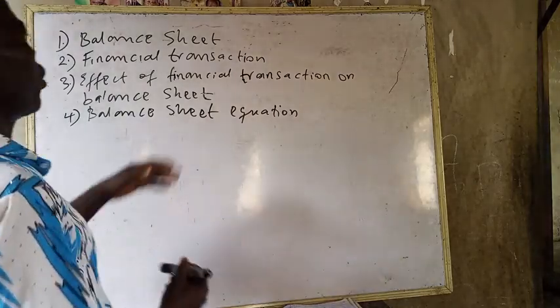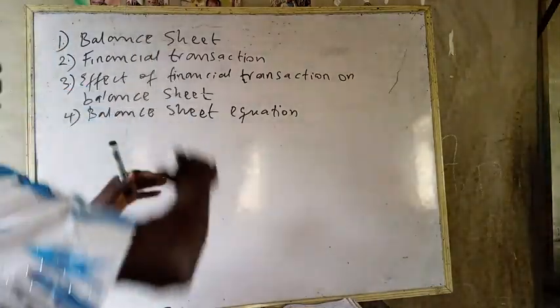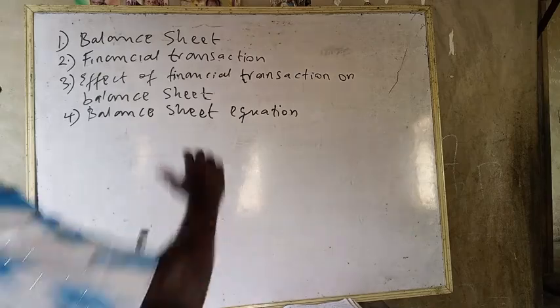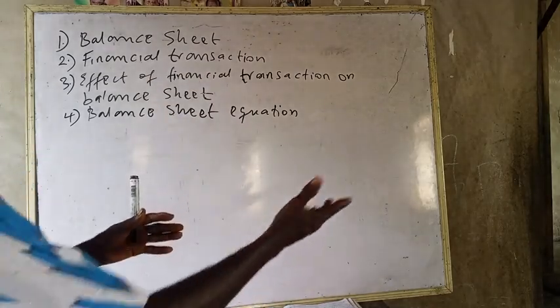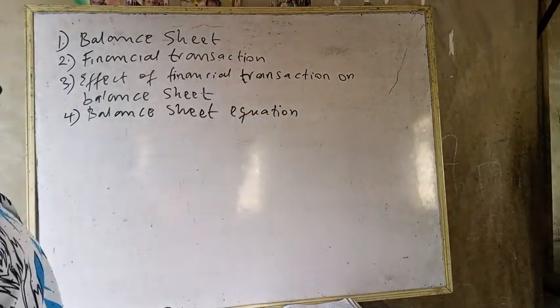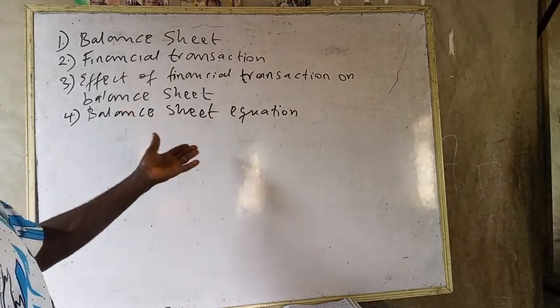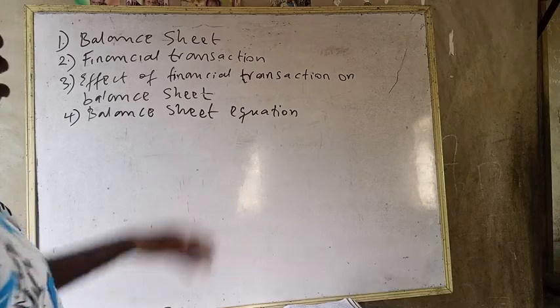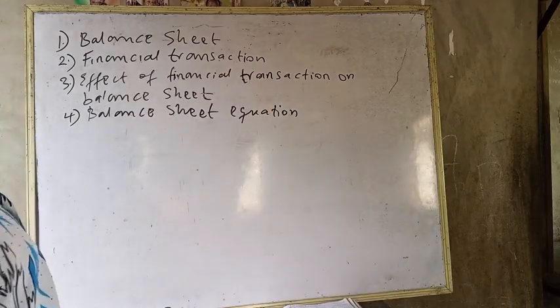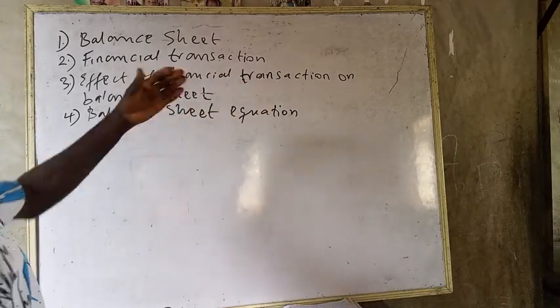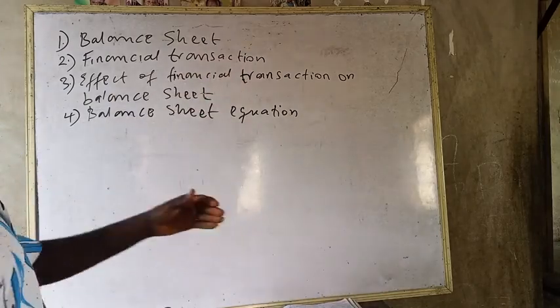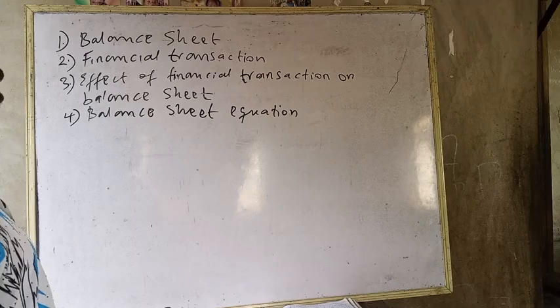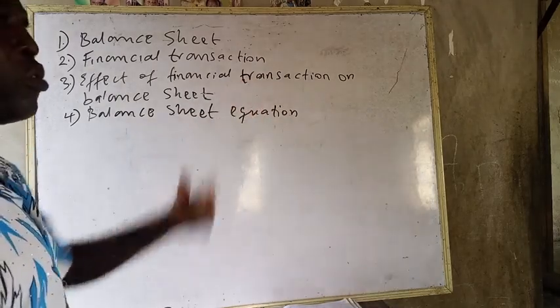But what we are going to cover today is its effects on the balance sheet, how the figures change on the items that we have on the balance sheet. And what are those items? We have assets, we have liabilities, we have equity.